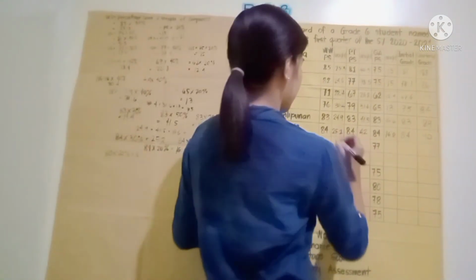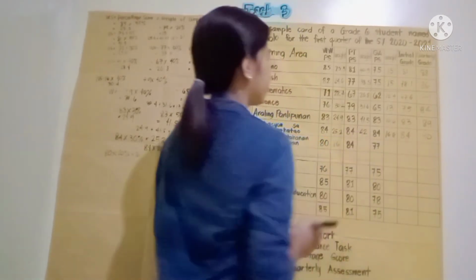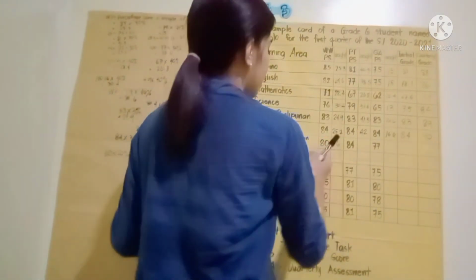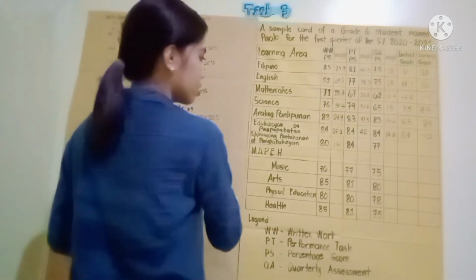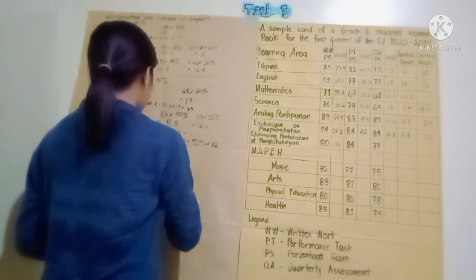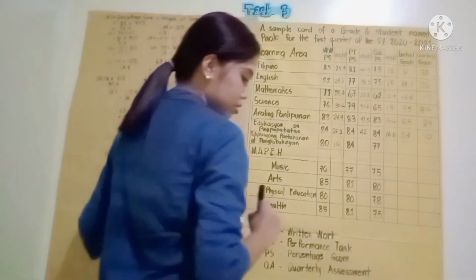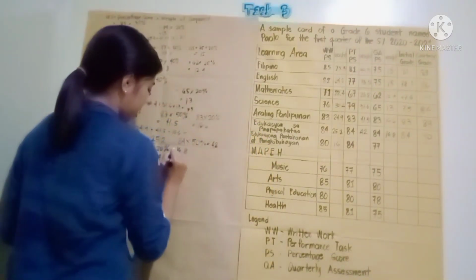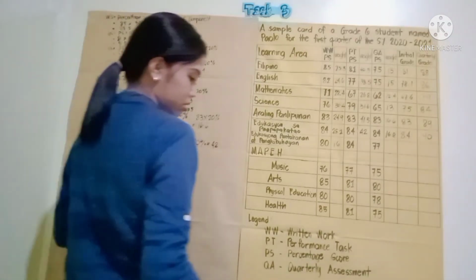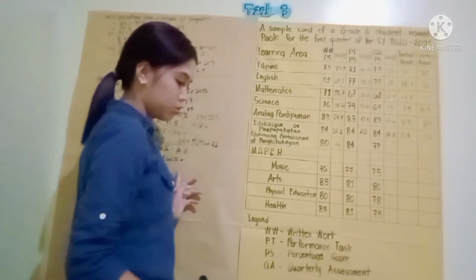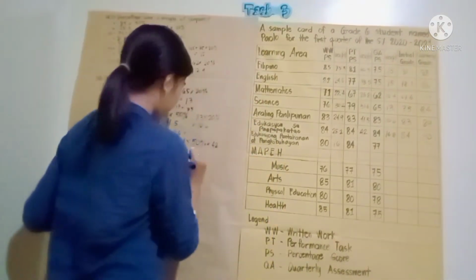So 16. Next is getting the weight of component. 84 times 60% is equal to 50.4.